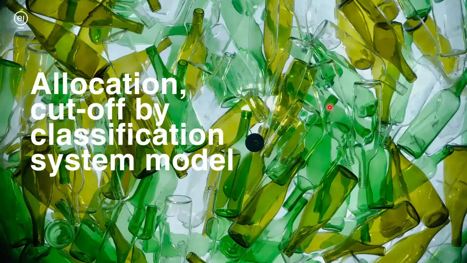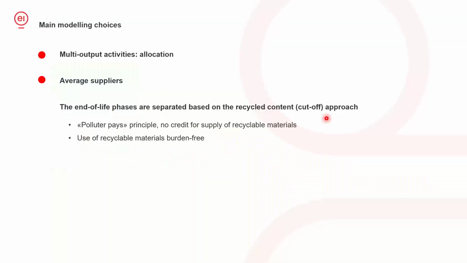The first system model that we are going to look at is the allocation cutoff by classification. This is the system model that is most widely used by the users. Let's first see what the assumptions are for this specific system model. As you remember, we had three different points that we were looking at in every system model.